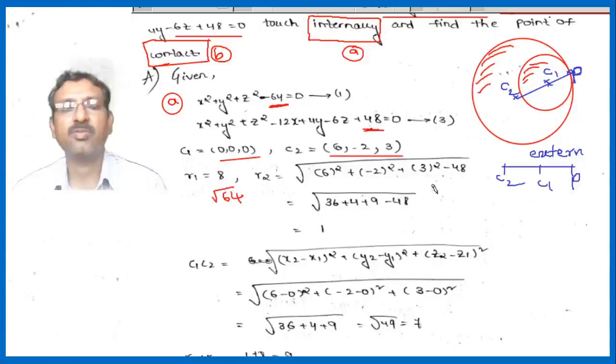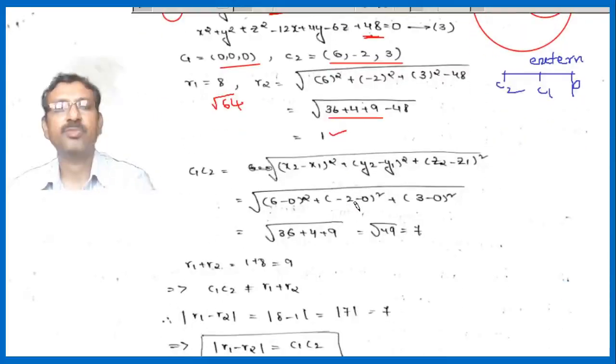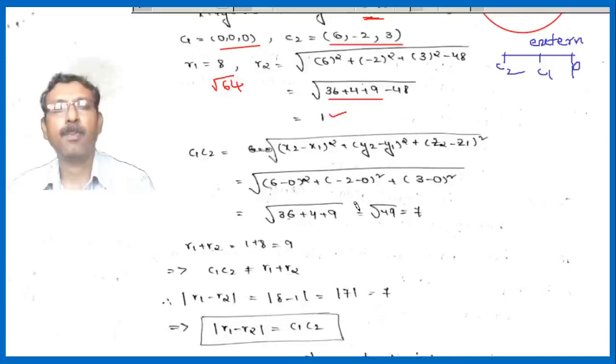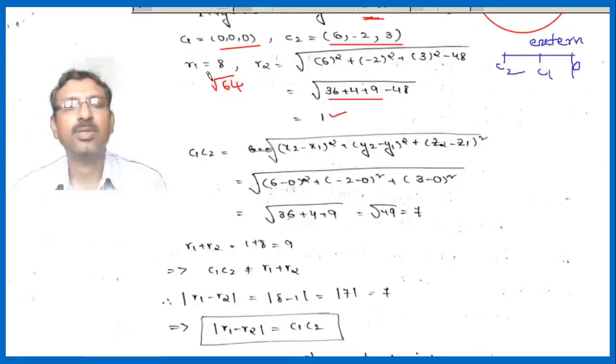That is the square root of 36 plus 4 plus 9, which is 49, minus 48, that is the square root of 1, which is equal to 1. So we have found the radii of the spheres and also the centers.